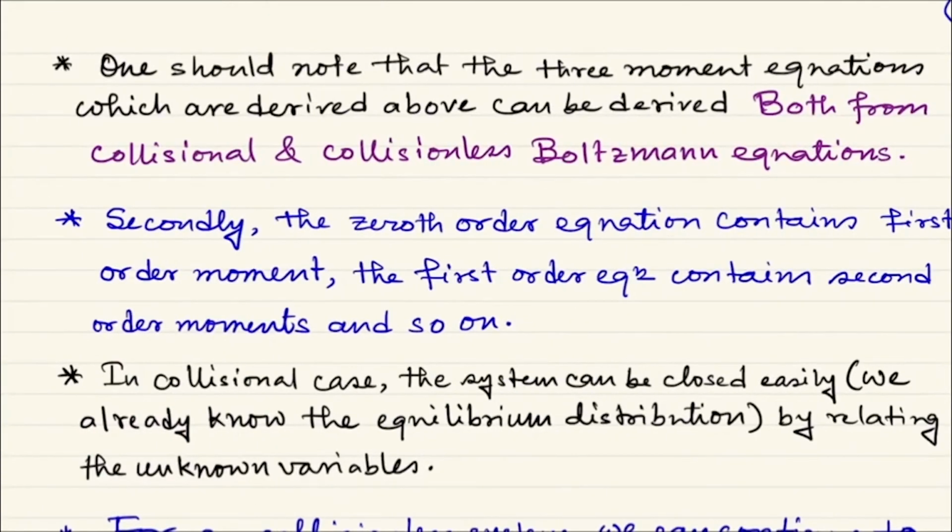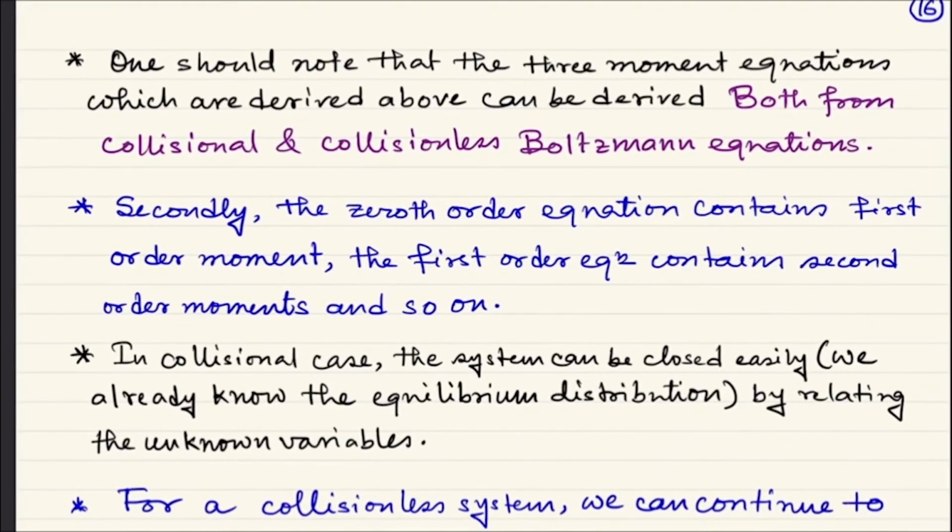Now one should note that the 3 moment equations derived above can be derived from both the collisional and collisionless Boltzmann equations. I am repeating this, but it is very interesting and important to understand. Secondly, the zeroth order equation contains a first order moment, the first order equation contains second order moments, and so on.